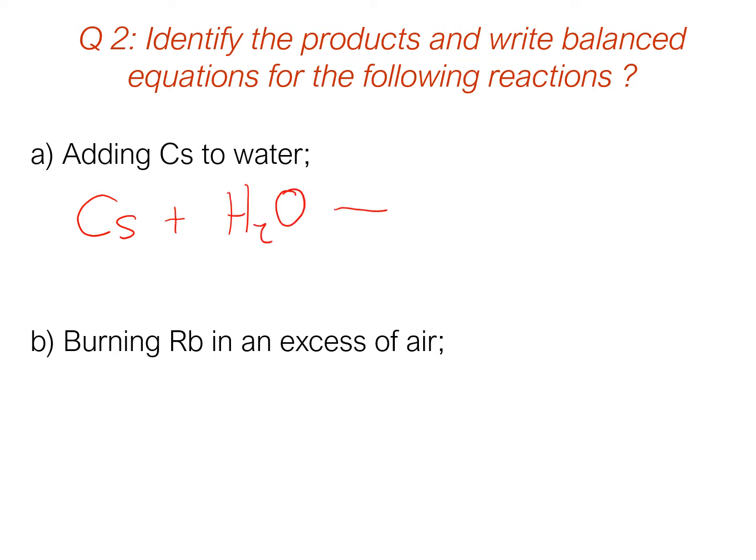And the product of this is cesium hydroxide, but also hydrogen gas. Now, usually, especially when we're down the bottom of the group like cesium, the reaction is so exothermic that this hydrogen will actually explode. And we need to balance this first, actually, because you can see it's not balanced. So it's 2 equivalents of cesium and 2 equivalents of water make 2 equivalents of cesium hydroxide and 1 of hydrogen gas.